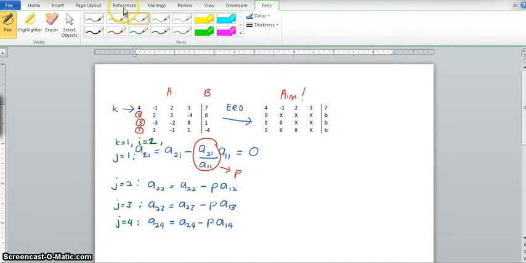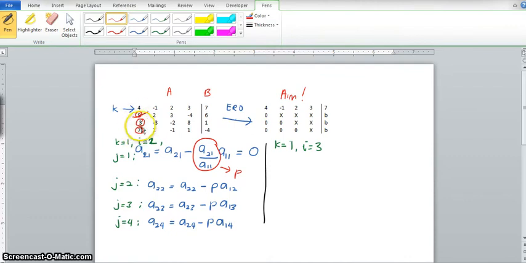Now for row 3, still we use k equals to 1 as reference row. For k equals to 1, I equals to 3. Now we want to change this one. This one is already done.